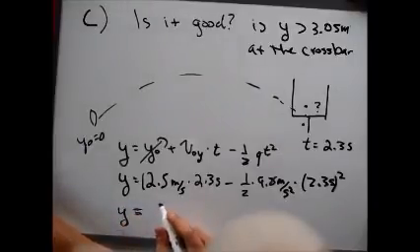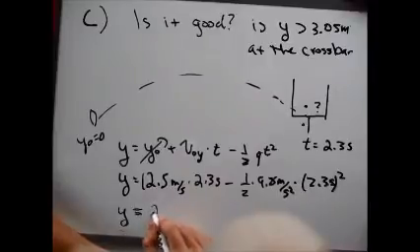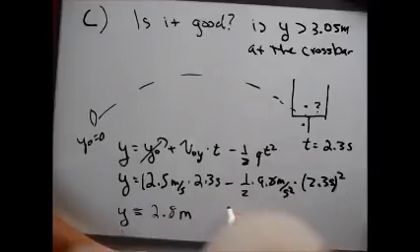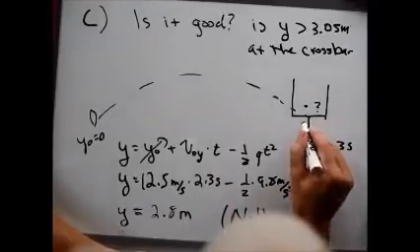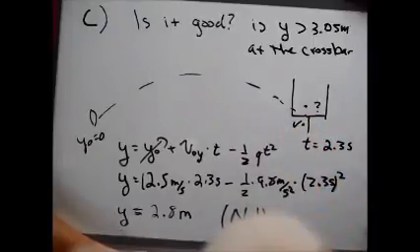What we get for y is 2.8 meters. So no, the ball passes under the crossbar, and the kick is not good. But since you're trying out, you probably get 10 more kicks, and if you make the next 9, you'll still make the team.